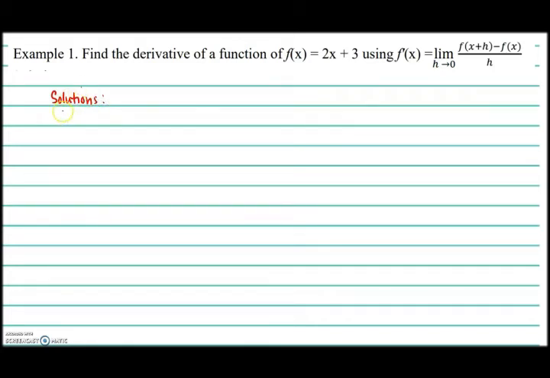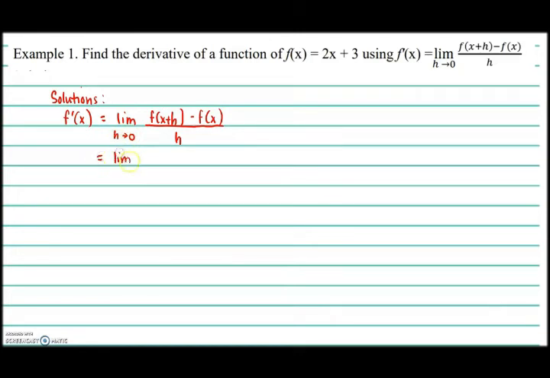Now that we are looking for the derivative, we will use f prime of x. Okay, so f prime of x is equal to the limit of f of x plus h minus f of x over h as h approaches 0.